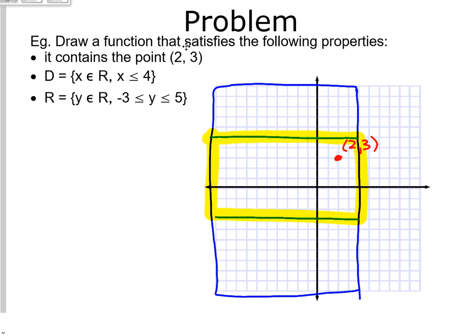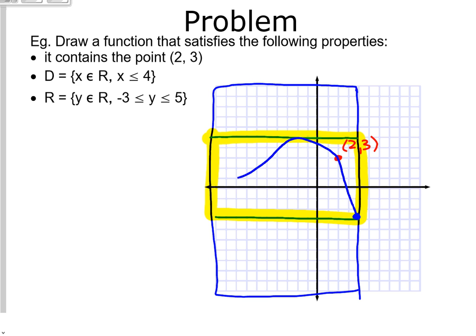Now all we have to do is make sure that we go through (2, 3) and that we hit all our points that we should. I could start my graph maybe down here in the corner, because it says it's equal to it. So at (4, -3), it can come up and go through that point (2, 3).